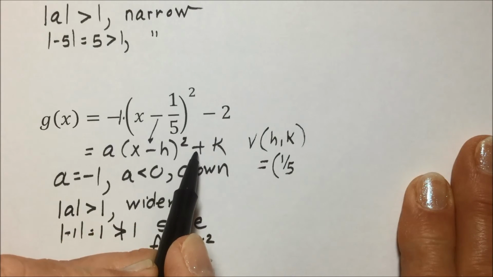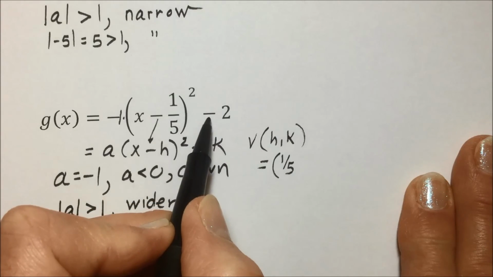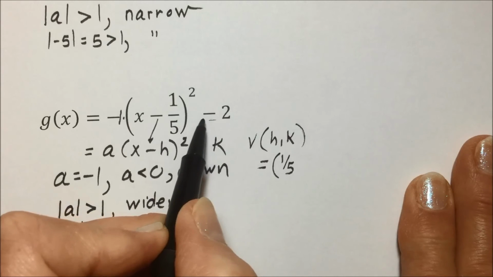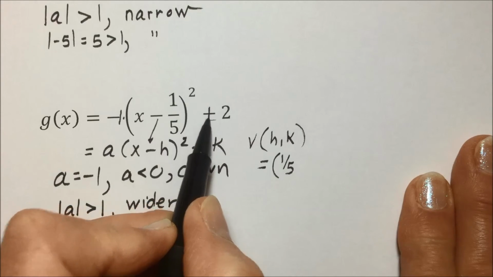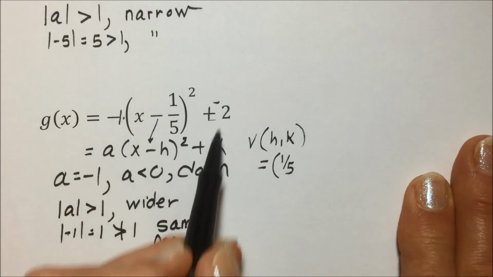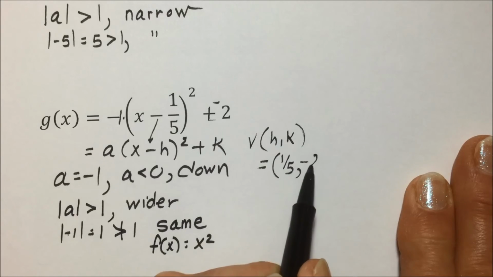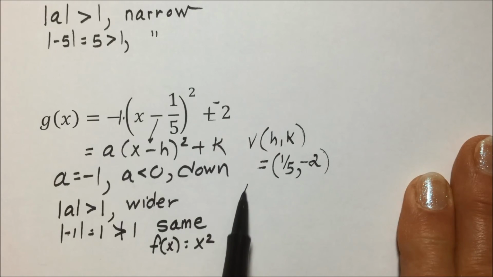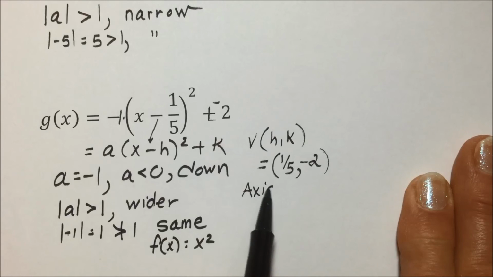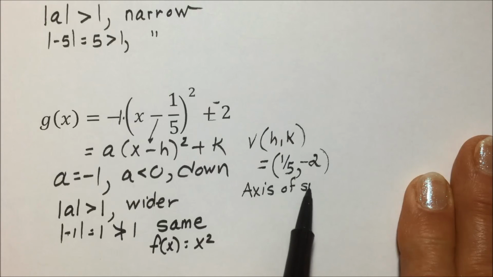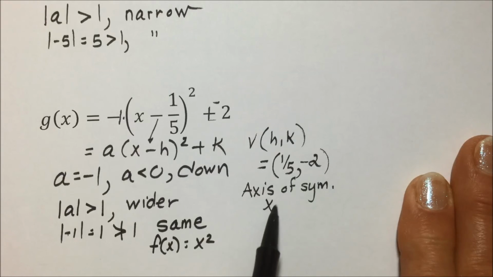We don't have the same sign, so a plus k can be transformed here with a minus 2 as plus a negative, which is making our k negative 2. Axis of symmetry generically is x is equal to h, so this would be x is equal to 1/5.